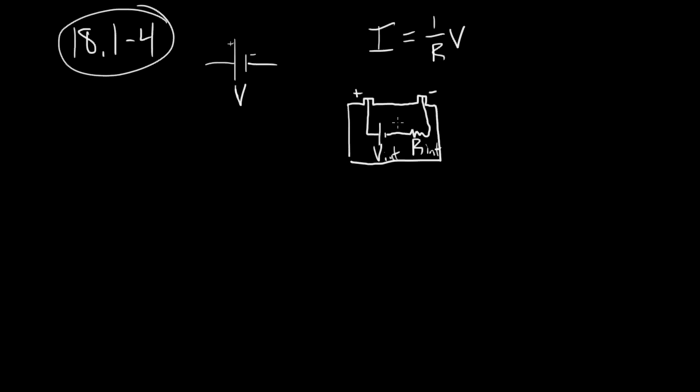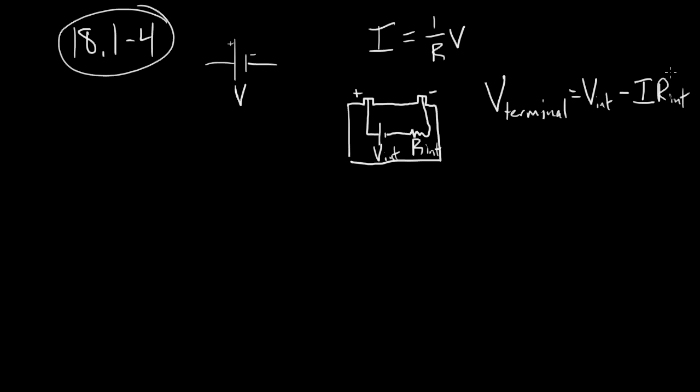So instead of EMF, I like to use that notation. And the terminal voltage, this is the useful voltage that you get at the terminals, is equal to the internal voltage, but we're missing some of the voltage, and it's equal to I times R internal.